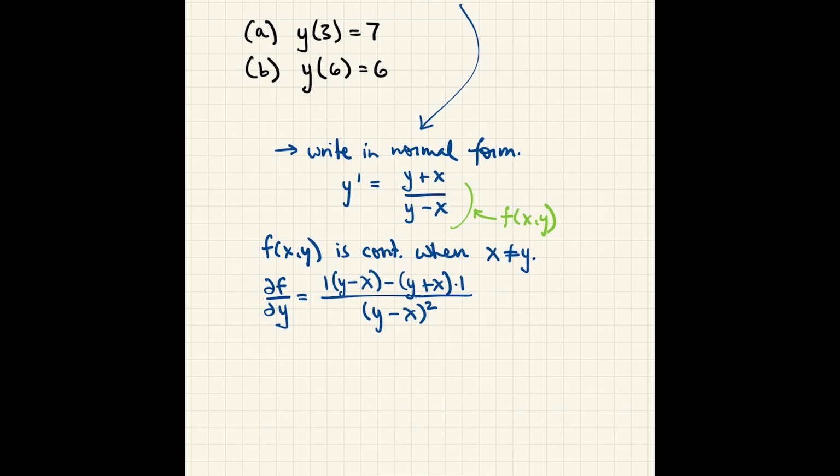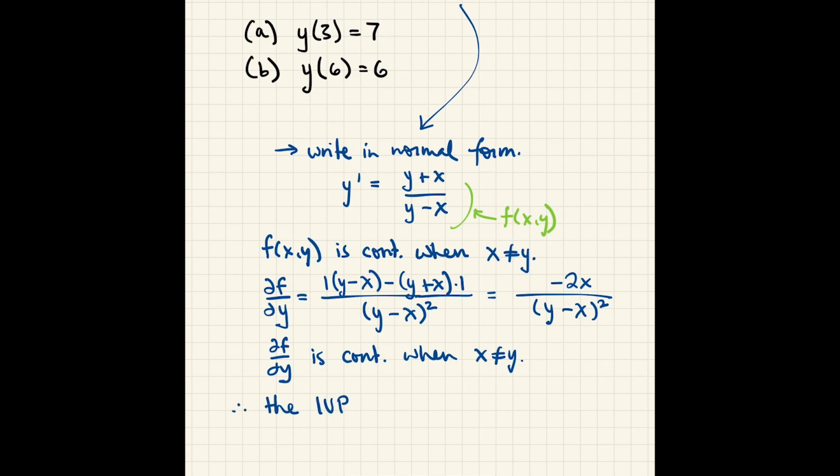So we get negative 2x over (y - x) squared. And we can see that that partial is continuous, again, when x is not equal to y. And so our conclusion is that the IVP would have a unique solution as long as the x and y that are given are not equal to each other.